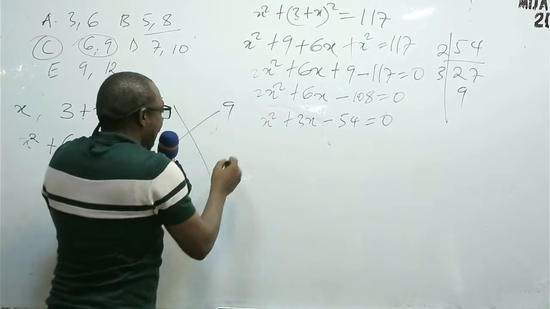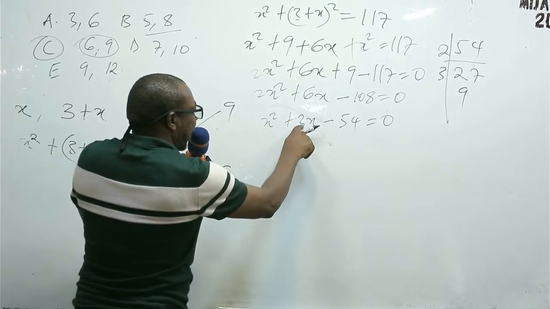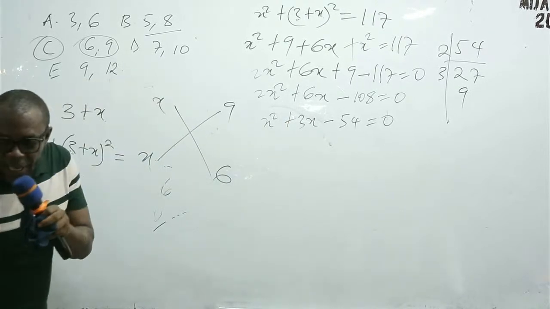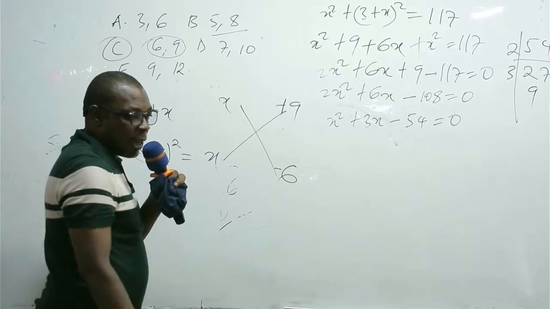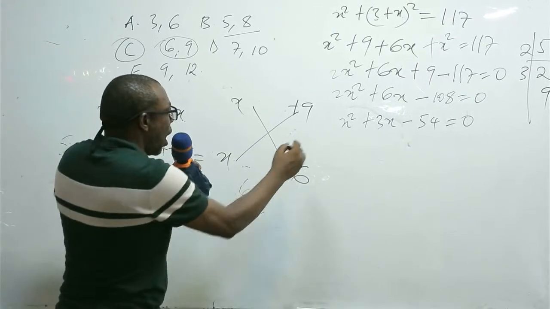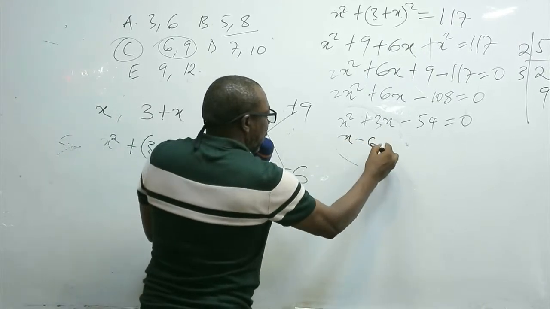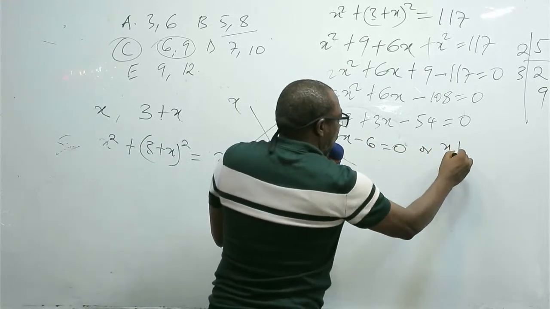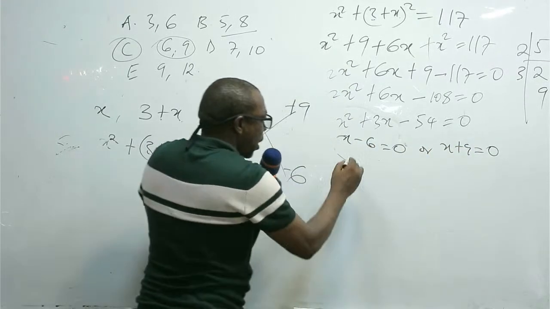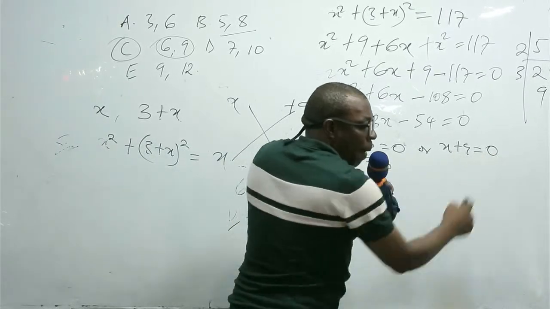So, 9 and 6. Now, the 3 here, is it positive or negative? So, here should be positive and here should be negative. Did you see that? So, what do I have? x minus 6 equals 0, or x plus 9 equals 0. x is 6, or x is minus 9.